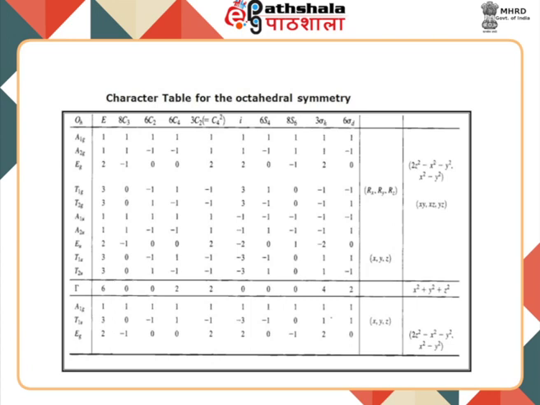Considering only the sigma orbitals on the ligands, there are a total of 6 orbitals, and in an octahedral symmetry environment they transform as A1g plus Eg plus T1u, as can be seen from the character table.